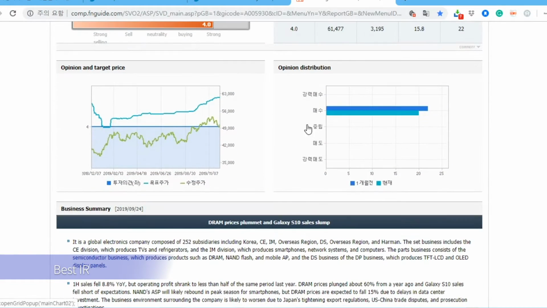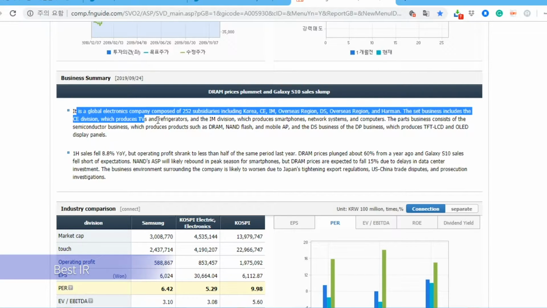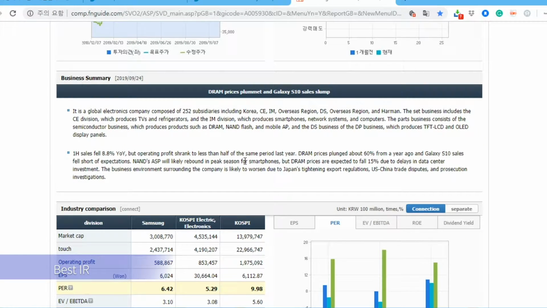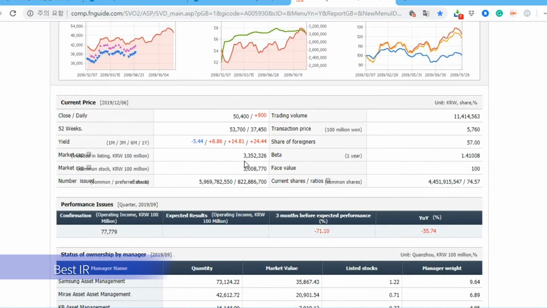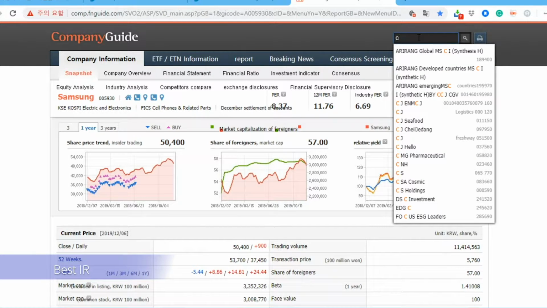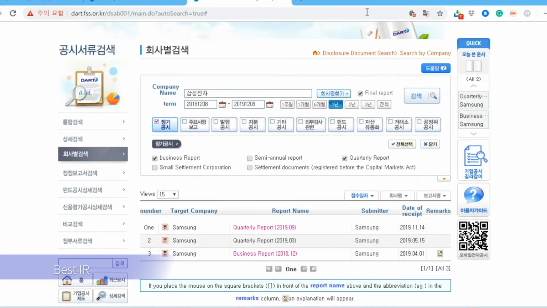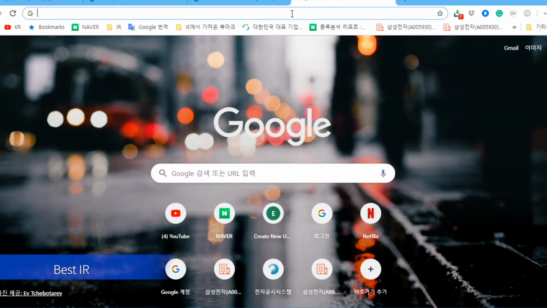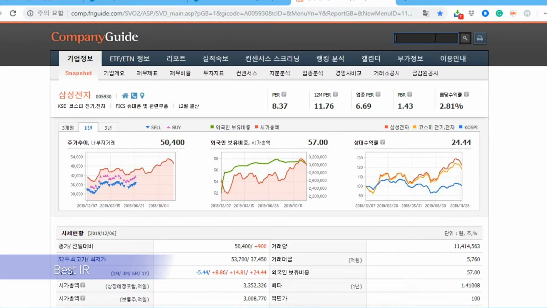Okay, this is something I go about with Samsung Electronics probably to some degree, so you would already have learned a lot, studied or heard about the company. But let's say you never knew the company, the first thing I would do is again go to Fnguide and search the names here.